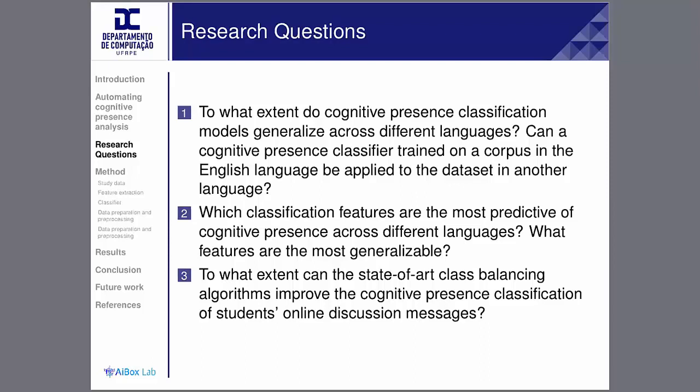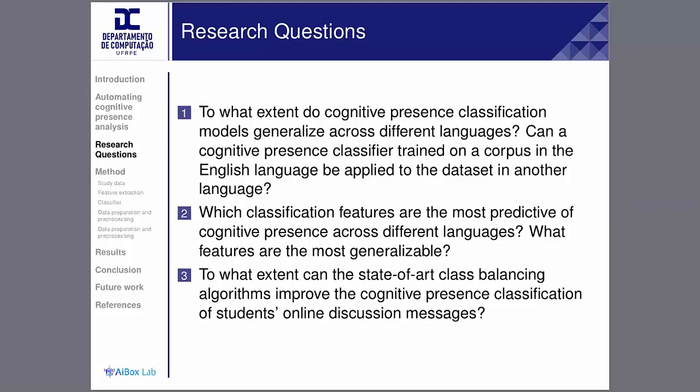So this question wants to investigate if it's possible to train a classifier in a language, for example, English, and test using the previous knowledge in a Portuguese, for example, data set. Can it be possible? So in this work, we want to answer this question.